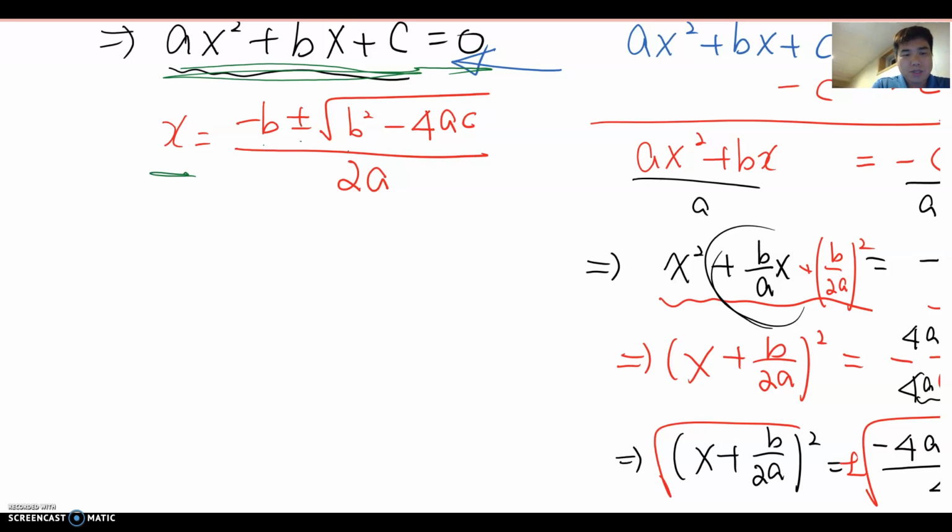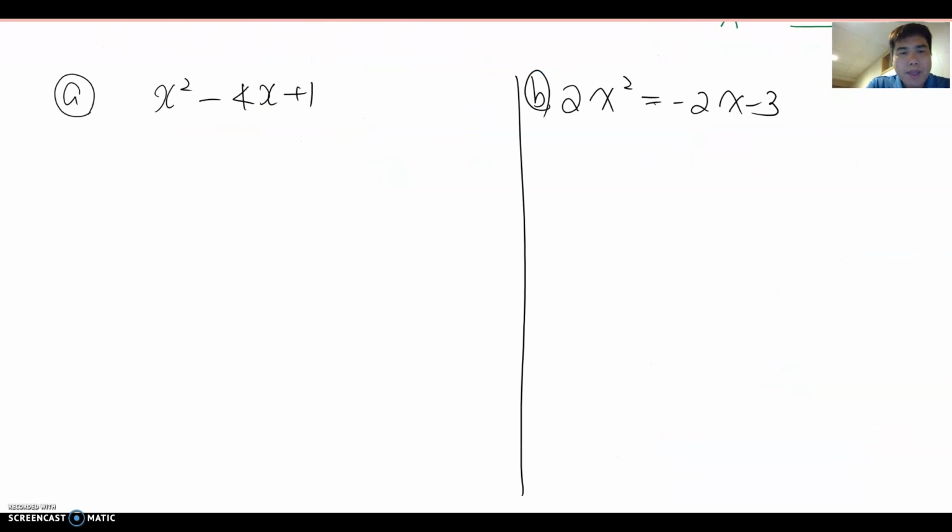So look at this example: x squared minus 4x plus 1. In this case, we use the standard form of the quadratic equation, which is ax squared plus bx plus c equal to 0. Oops, I forgot the equal to 0 here.